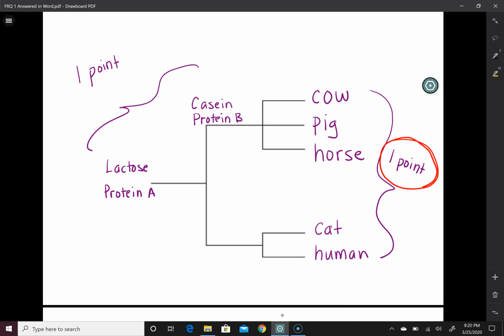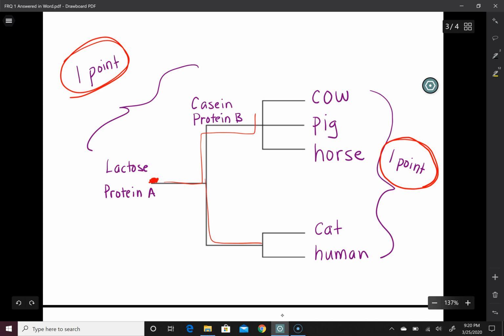But here's where 80% of the people did not get this point, because this is where in the evolutionary process these things kind of popped up. Now the reason why lactose and protein A are way over here is because if you follow it, technically should everybody have lactose and protein A? And the answer there is yes.